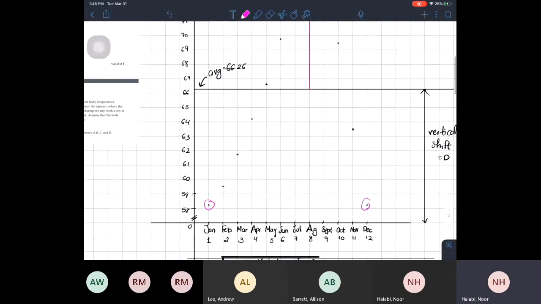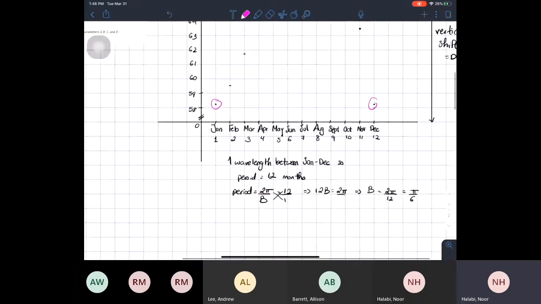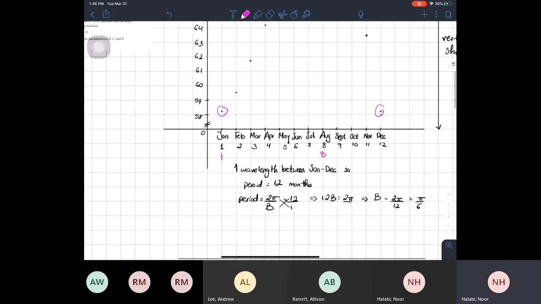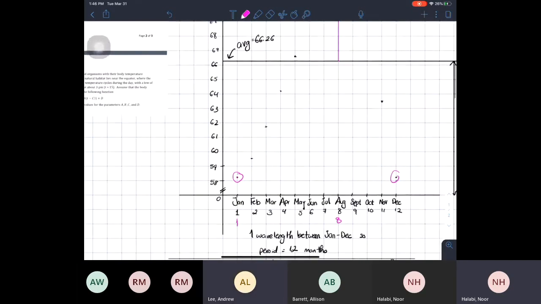It shifted however many units were from January to August. That means it shifted 8 units, because January is 1. Wait, did it shift more or less? Andrew, Ashley, Allison, anybody? Did it shift 8 units? I think it should just be 8.